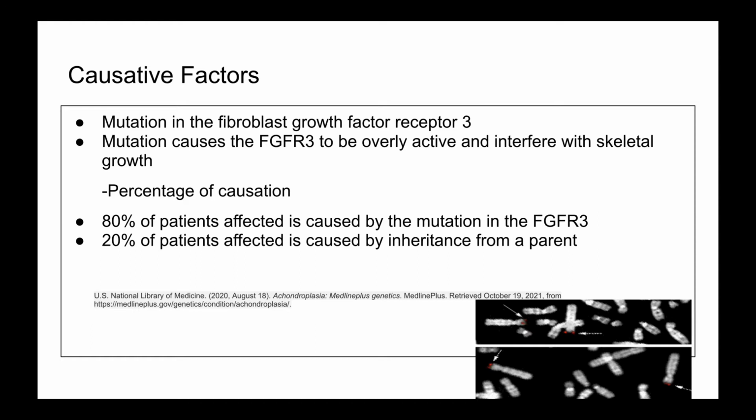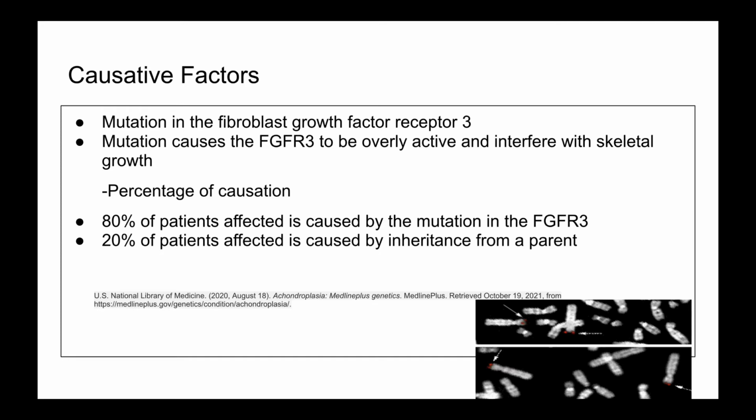Two specific mutations in the fibroblast growth factor receptor 3 are responsible for almost all cases of achondroplasia. Researchers believe that these mutations cause the fibroblast growth factor receptor 3 protein to be overly active, which in turn interferes with skeletal growth and leads to the disturbances in bone growth seen with this disorder.